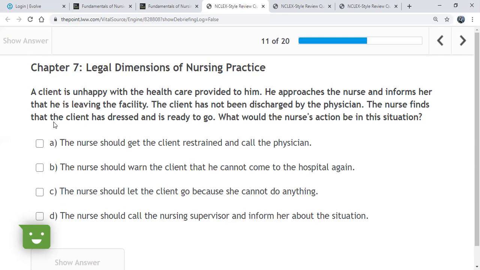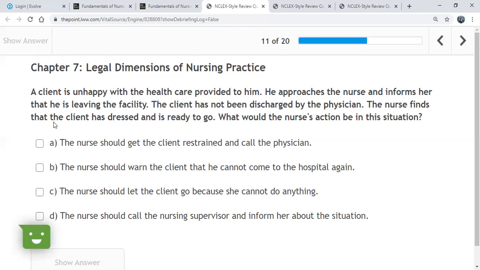What did you say? Can't restrain. You can. I mean, your book will tell you that you have to get a physician's order, but if a client is trying to harm himself or others, you can legally restrain them. I guarantee you, if a client tries to kill himself and you don't stop him, you're going to be charged with something.